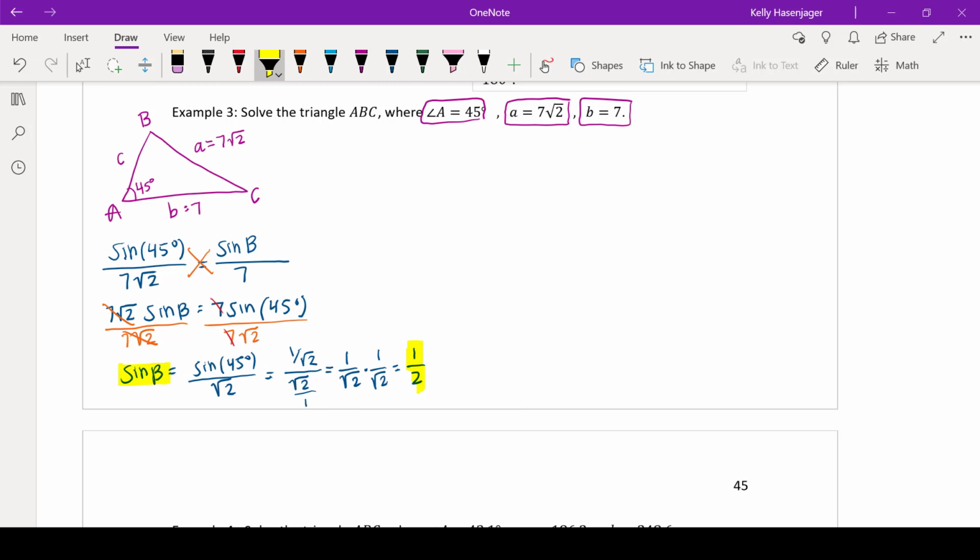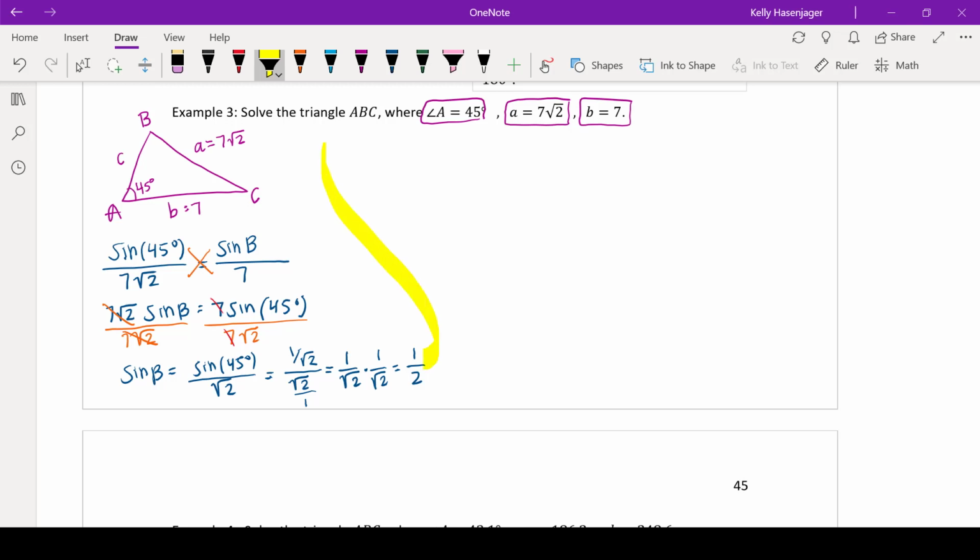Now from our notes at the top of this page, it says that if sine of our missing angle is less than 1, then we want to check two possible angles. So there might be two possible B angles that work for this setup. So let's try that.